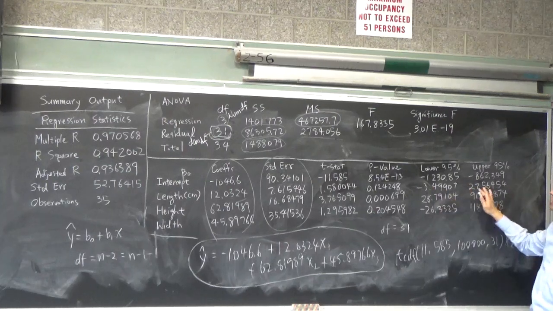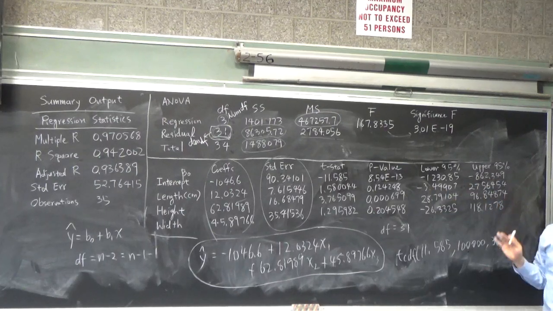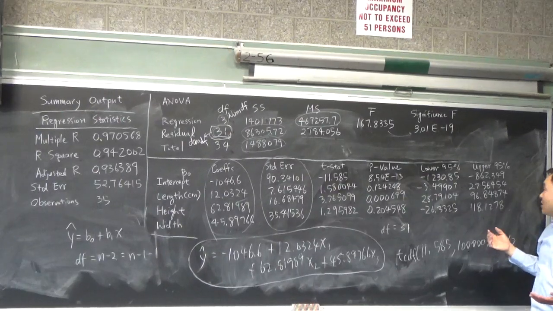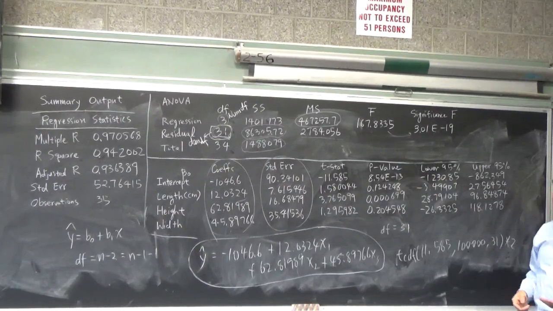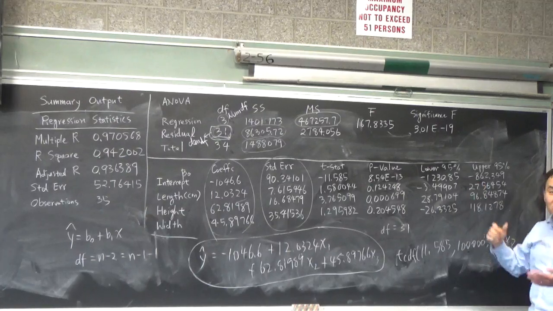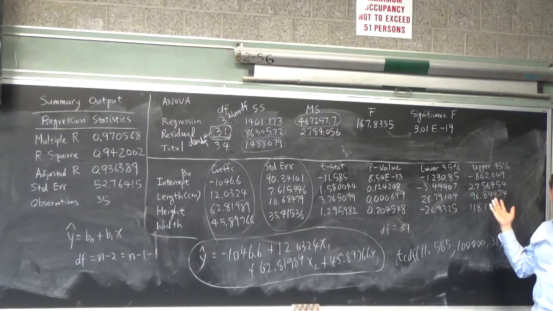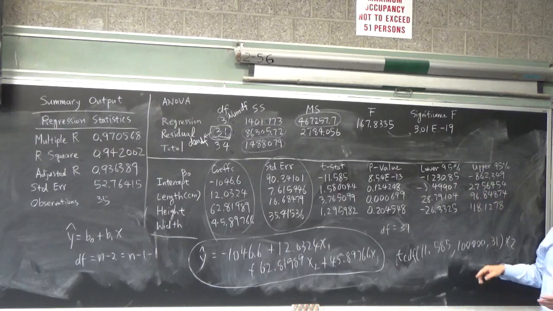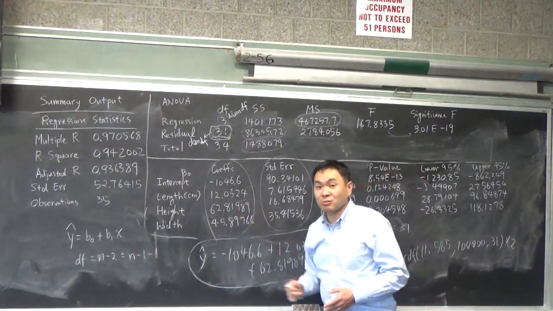This is negative, that's positive, so 0 is somewhere between. Which means there is more than 5% chance that the original coefficient for the length was 0, and you just had a bad sample that somehow gave you a very high value. Right? So this coefficient is not so trustworthy.